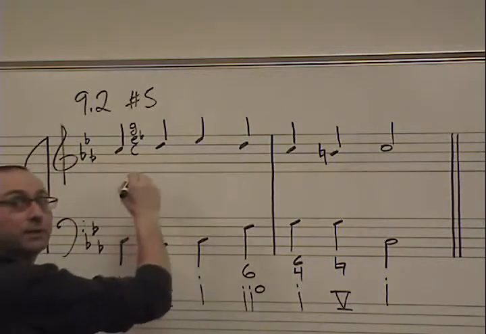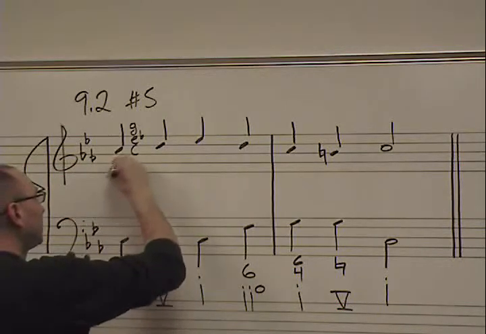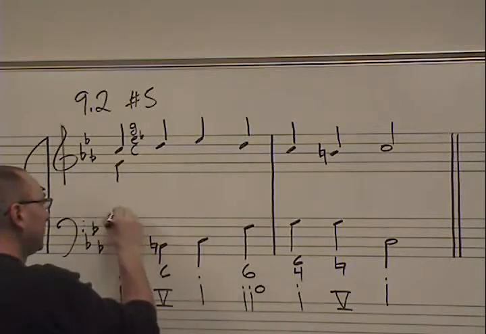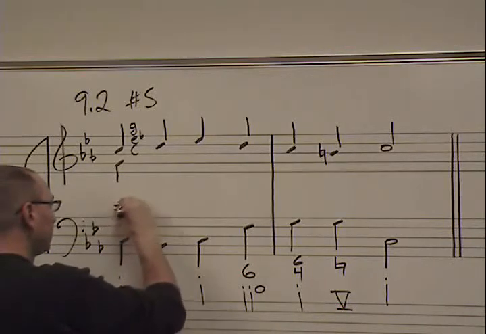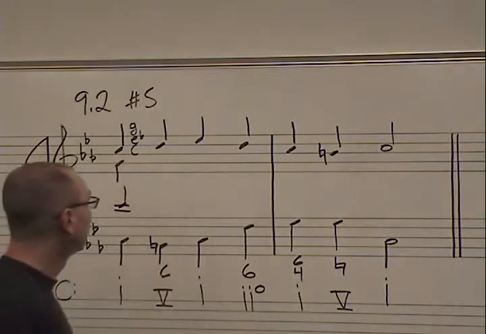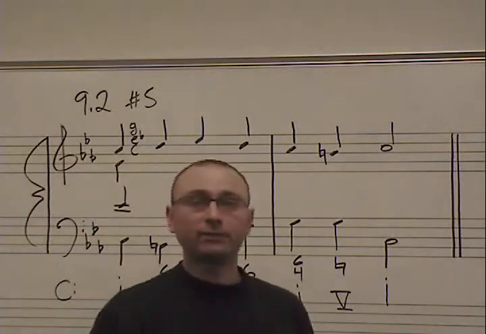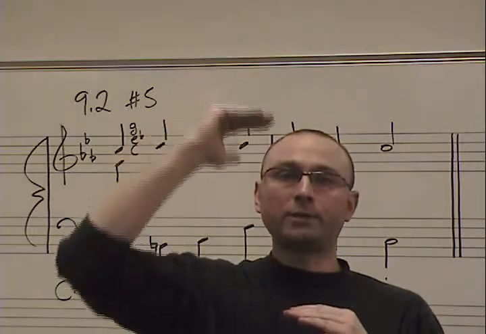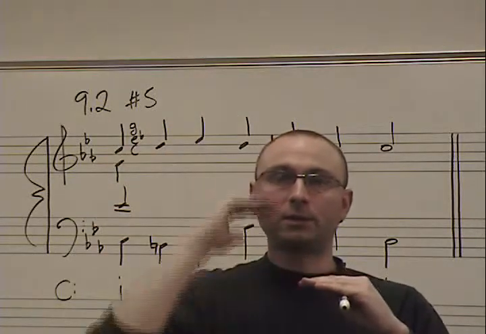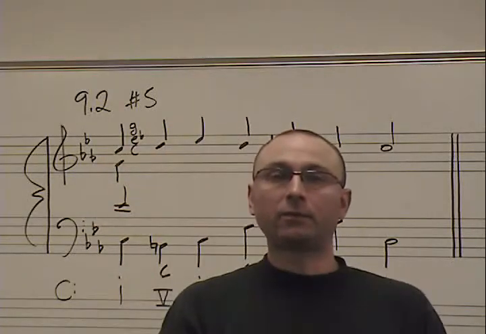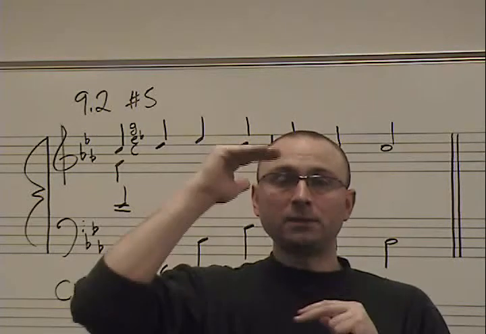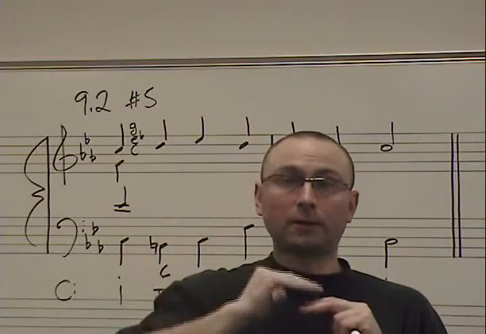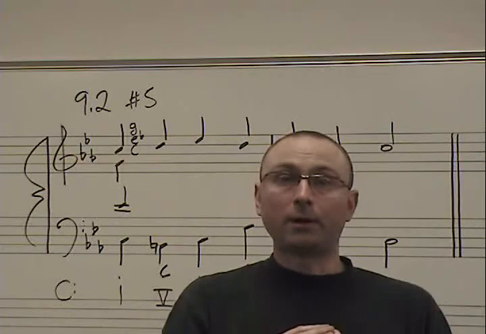I've elected to put G in the alto and E flat in the tenor. You'll notice that there is quite a wide range of space between the bass and the tenor. In this case, it's okay. The bass and the tenor need to be no more than 2 octaves apart.